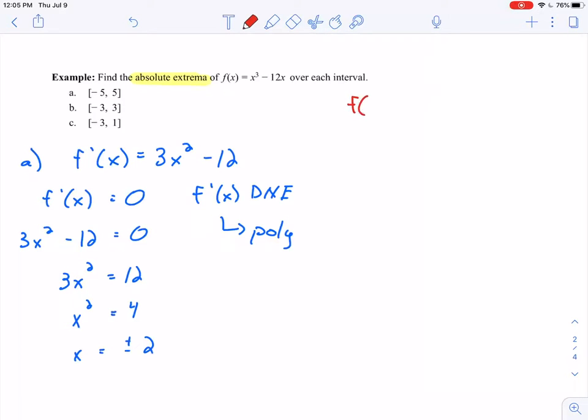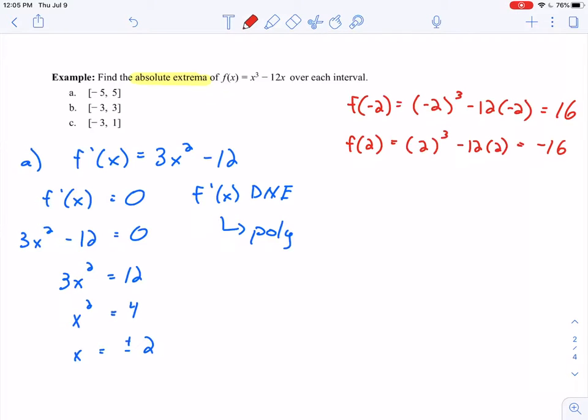I'm going to start with my critical numbers here, so I'm going to take negative 2 and plug it into my function. Negative 2 to the third power minus 12 times negative 2, and here we have a little bit of number crunching to do. We end up with a positive 16 though. And then I'll do the same thing with positive 2. So I'll say f of positive 2, 2 to the third minus 12 times 2. This time I end up with a negative 16.